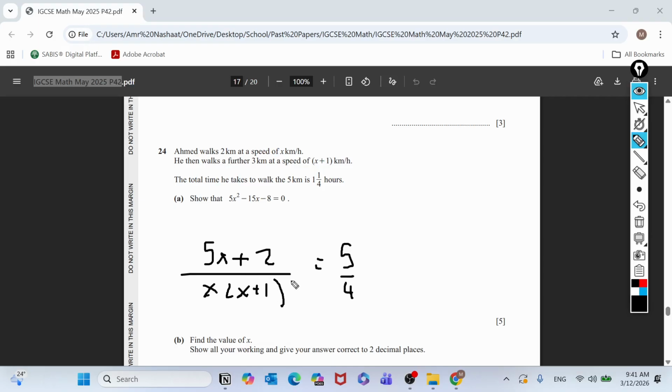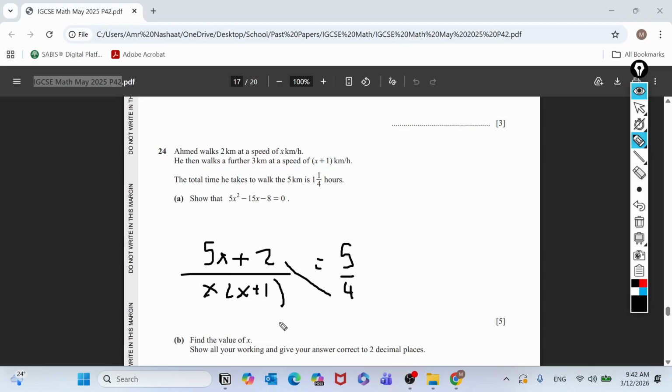Now what can we do? Cross multiply. Let's cross multiply this side first.